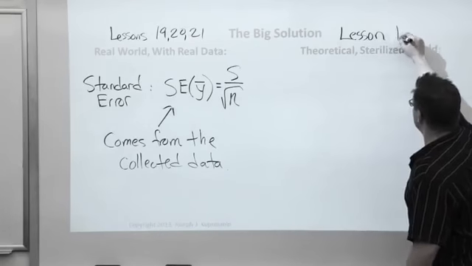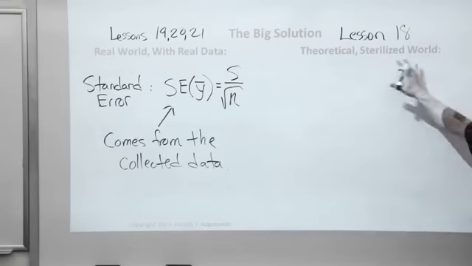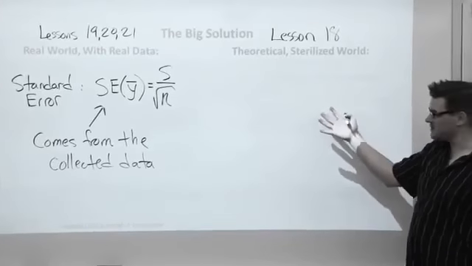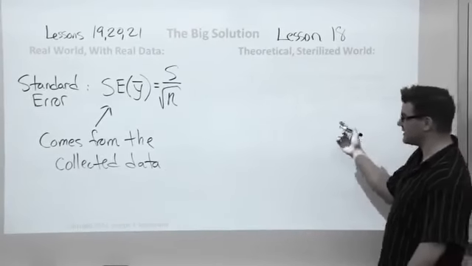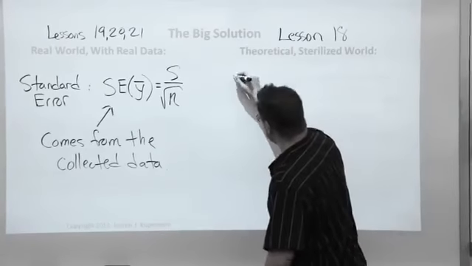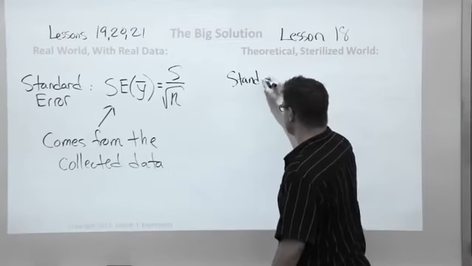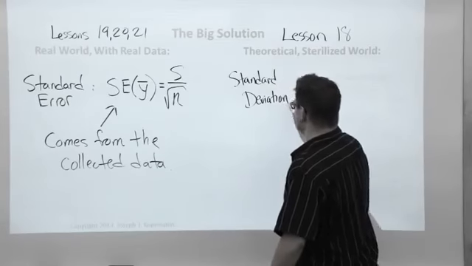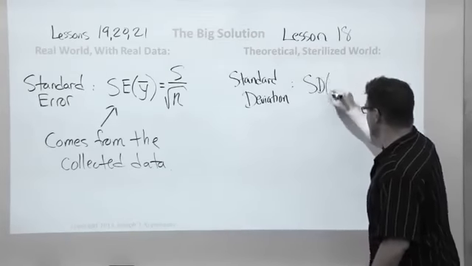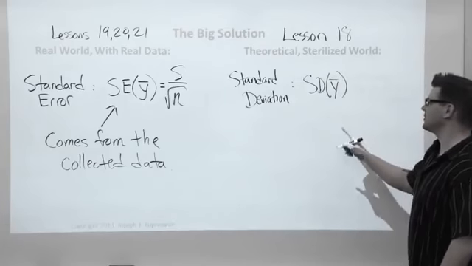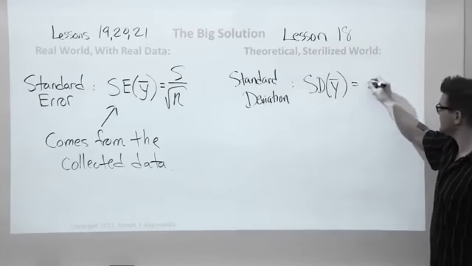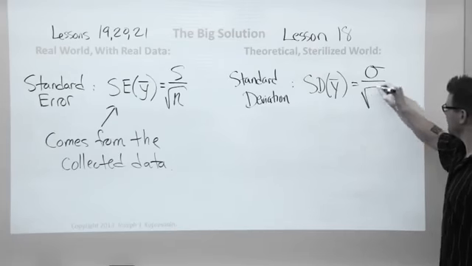Ideally, I would like to live in the theoretical sterilized world where I knew every fact about every population, every population mean and every population standard deviation. And if that's the case, then I could calculate the standard deviation. And so the standard deviation of y bar, I just put SD and SE, is sigma over root n.